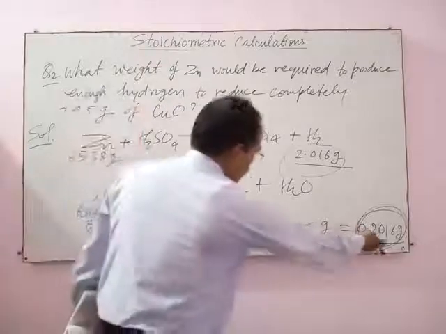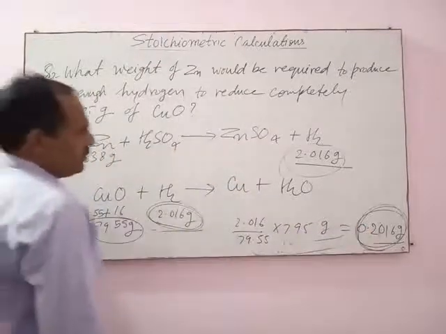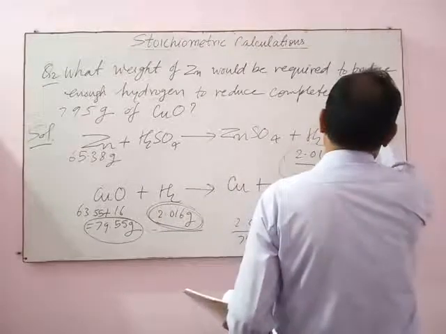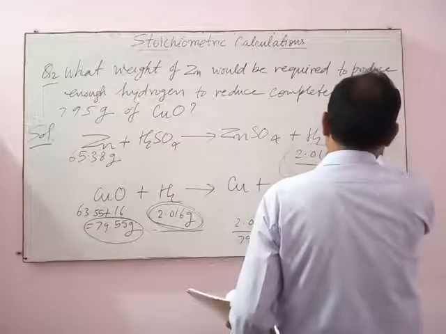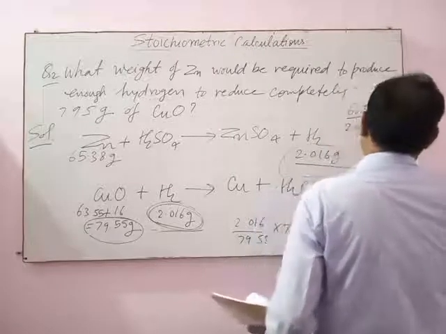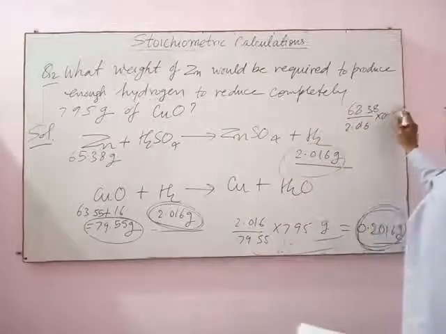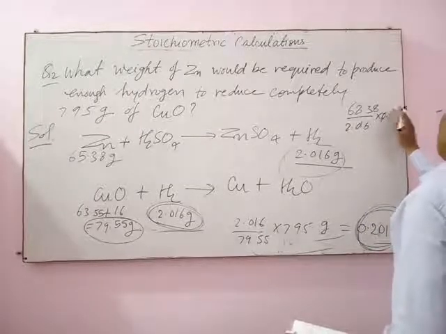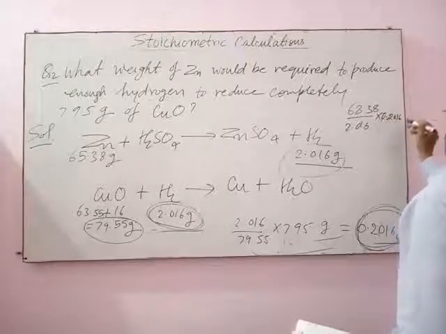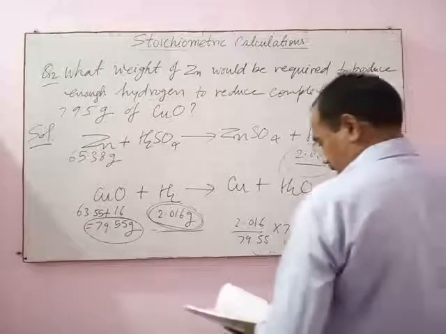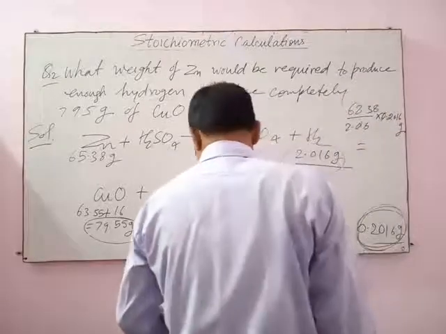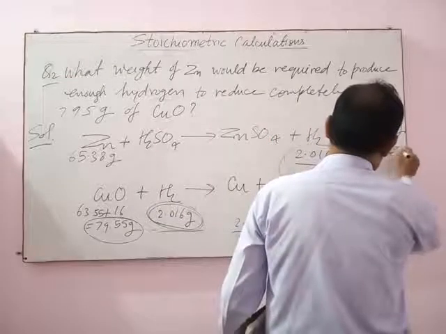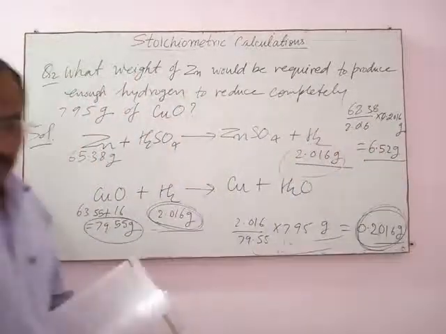Then this amount of hydrogen requires 65.38 divided by 2.016 multiplied by 0.2016 gram, and it is equal to 6.52 gram.